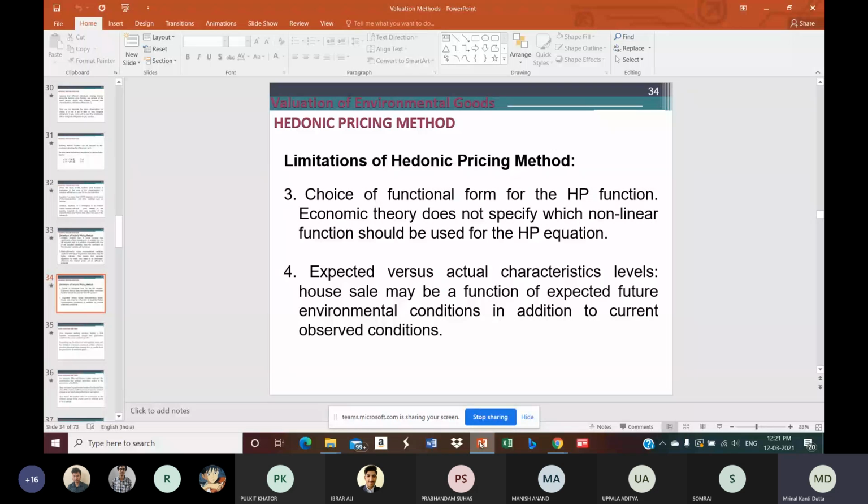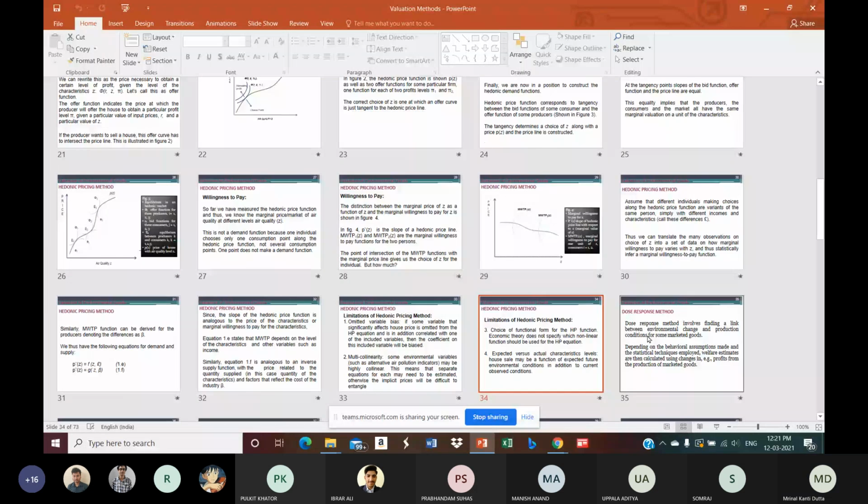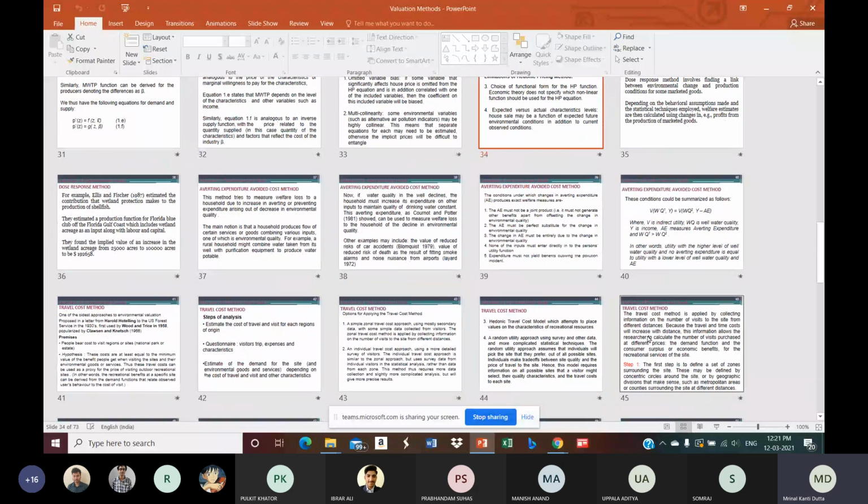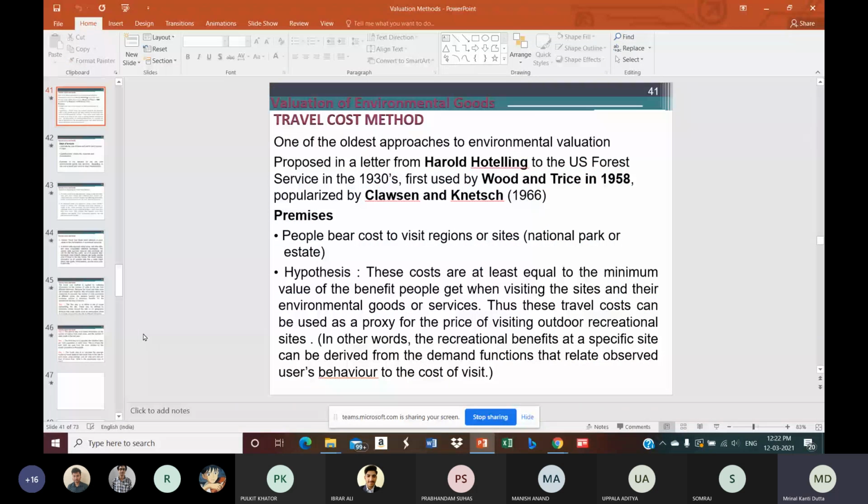The next thing to talk about here is the travel cost method, which is another very important method. It is considered to be one of the oldest approaches to environmental evaluation.